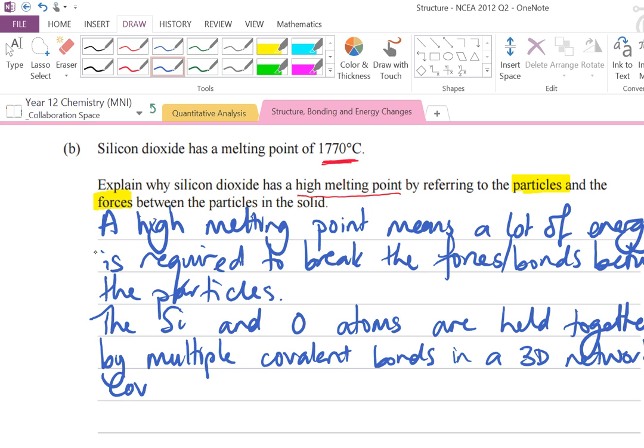And I'm also going to explicitly say covalent bonds are strong. Okay, so now I've got my answer.